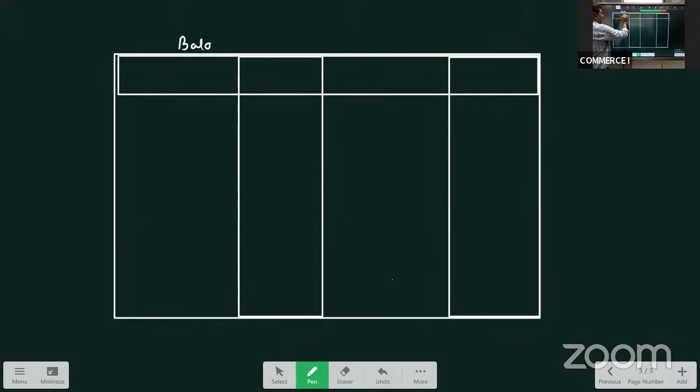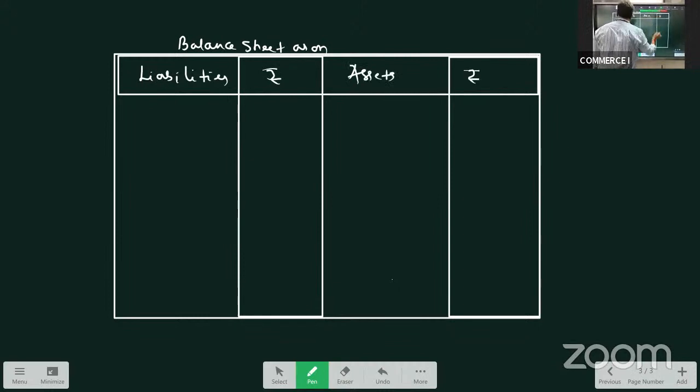We call it balance sheet as on. The balance sheet date is not given, so just keep it as it is. The left hand side is the liability side. The right hand side is the asset side.